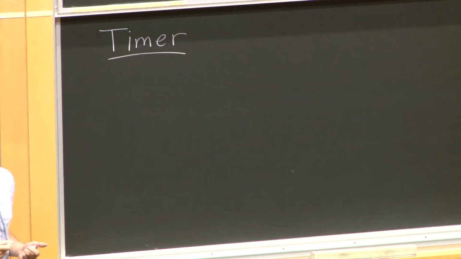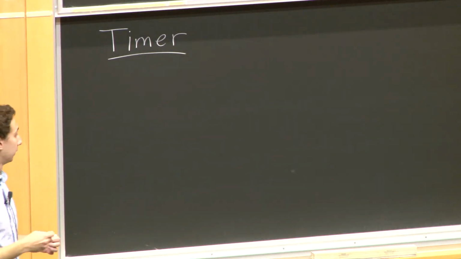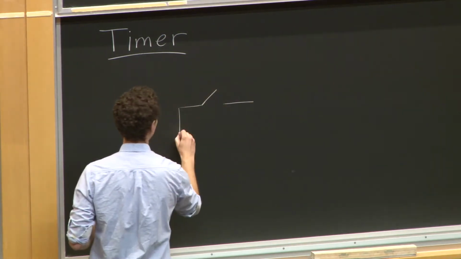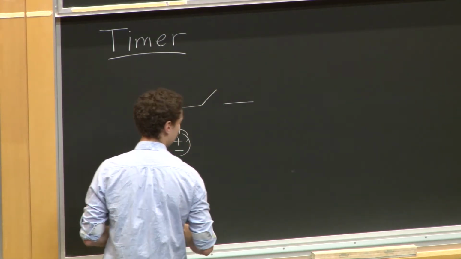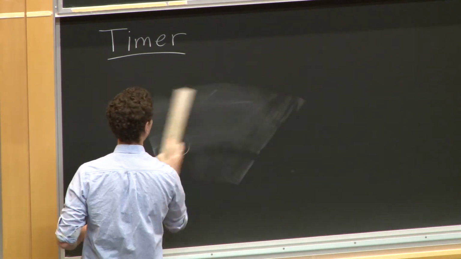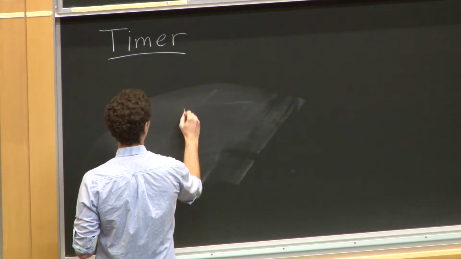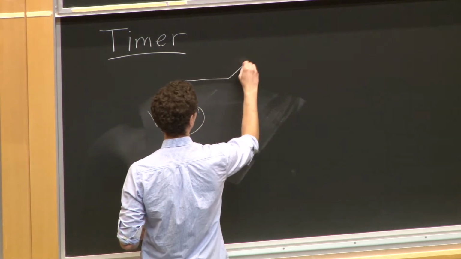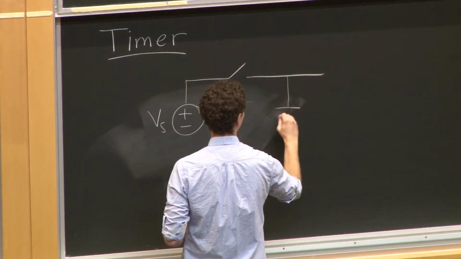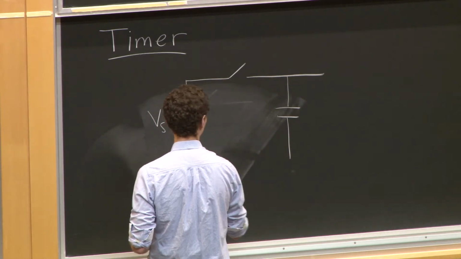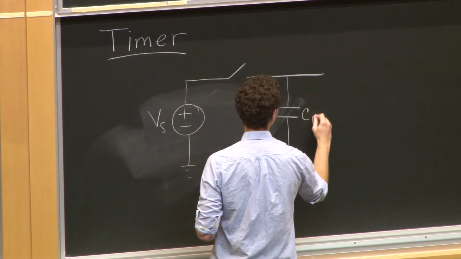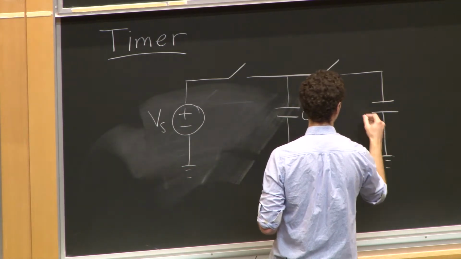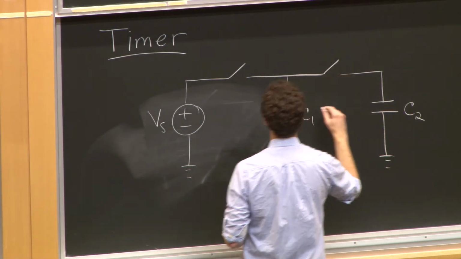With a lot of these switched capacitor circuits we've talked about, like in the most generic example, we had some voltage source, some capacitor C1, and some capacitor C2.